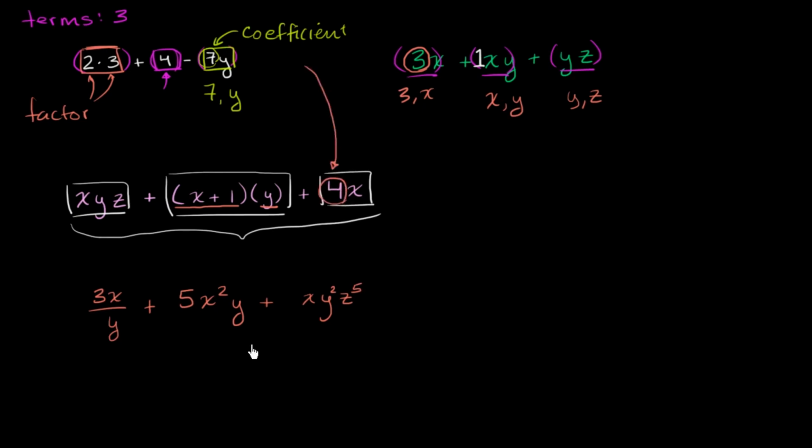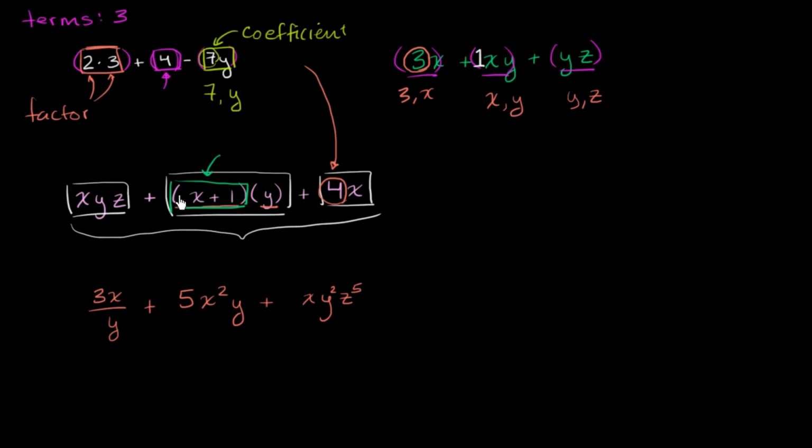Now let's look at this one over here. Actually, before I look at that one, what was interesting about this is that here you had a smaller expression itself acting as one of the factors. So then you can zoom in on this expression right over here, and ask the same question. On this smaller expression, how many terms does it have? Well, it has two terms, an x and a 1. Those are the two things being added or subtracted, and each of them has exactly one factor.